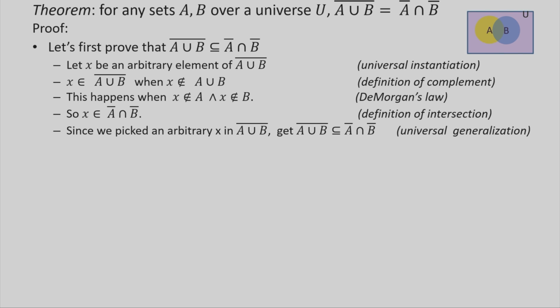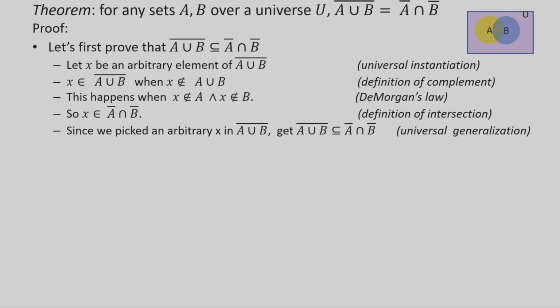Now using De Morgan's law, we get that x is in complement of A intersection with complement of B, by definition of what it means to be in a complement. And we are done. And we are done because we picked an arbitrary x in complement of A union B. You see here we're also using universal instantiation and universal generalization and talking about arbitrary element.